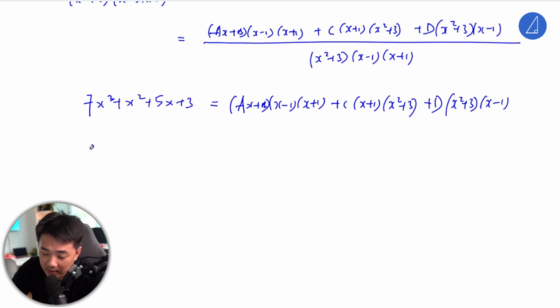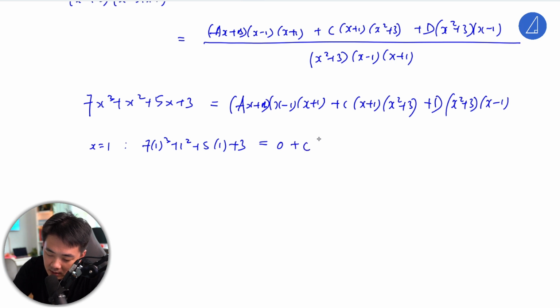I think just let x be 1 first, because when x is 1, this will be 0, this is 0, then this is 0 as well. So with x as 1, we have 7 times 1 cubed plus 1 squared plus 5 times 1 plus 3. That will be 0 here. Then this will be c times 2, then 1 squared plus 3.